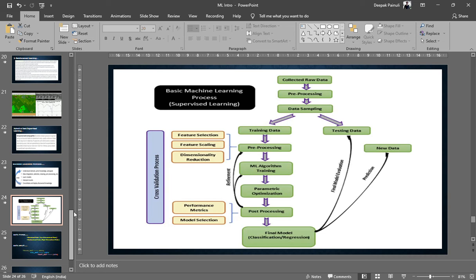Now after that, dimensionality reduction. Sometimes we have thousands of features in the input data, and out of 1000, let's say only 300 features are highly correlated to your output value, then you need to select only those 300 features.